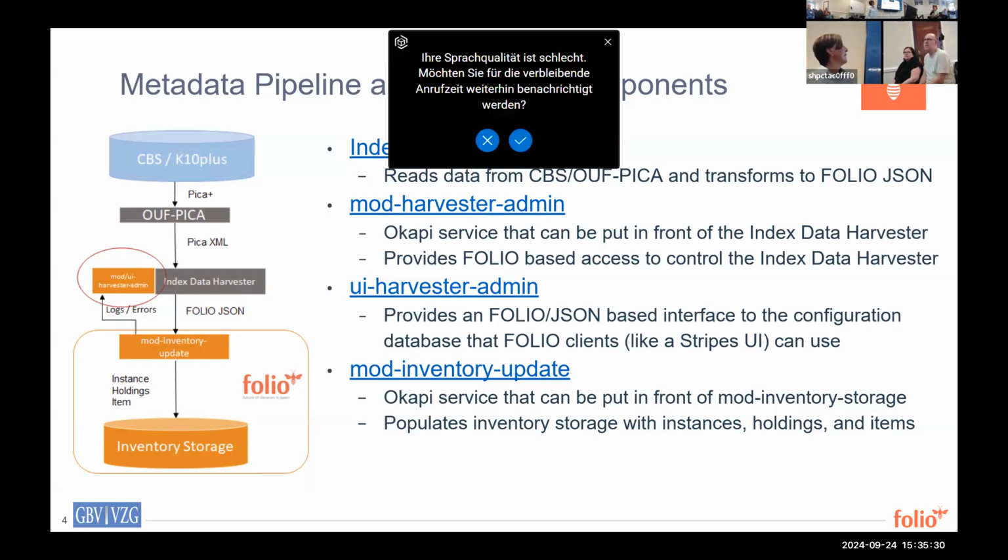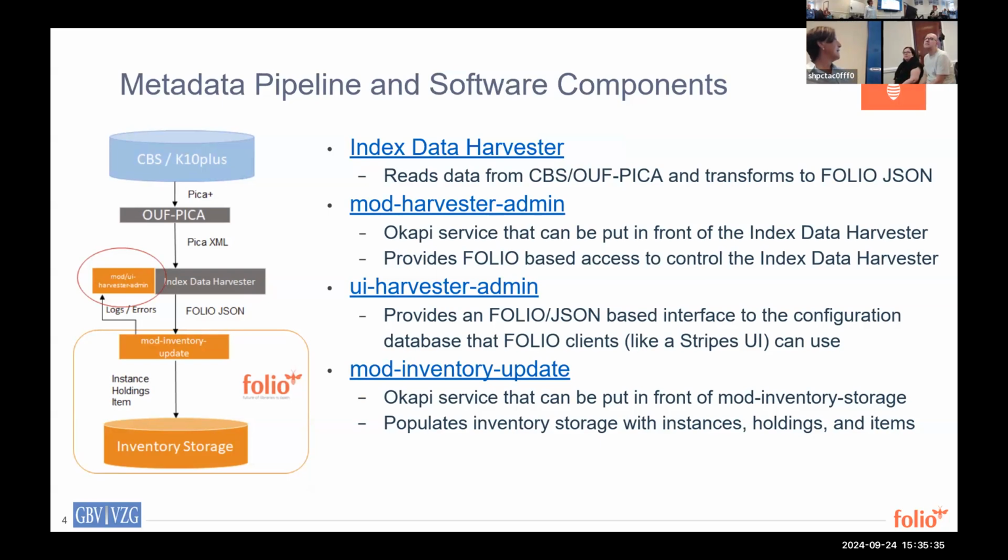Mod harvester admin is like a wrapper around this Index Data system to give us a FOLIO look and feel, and it provides us with logs and errors about the transmission. If there are any errors when transferring the data, the harvester admin app tells us in an interface Felix will show later on.